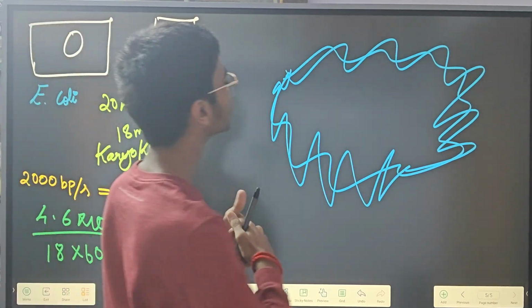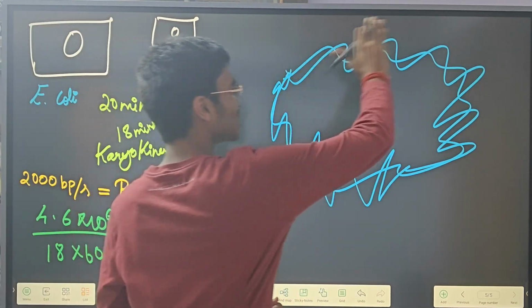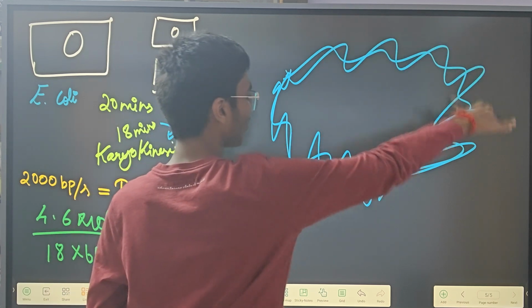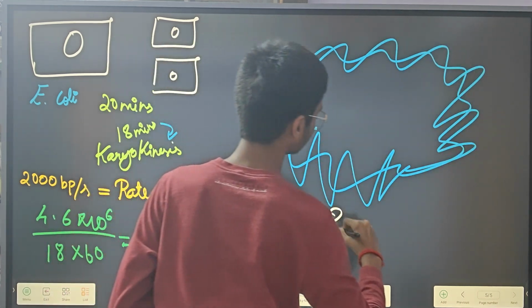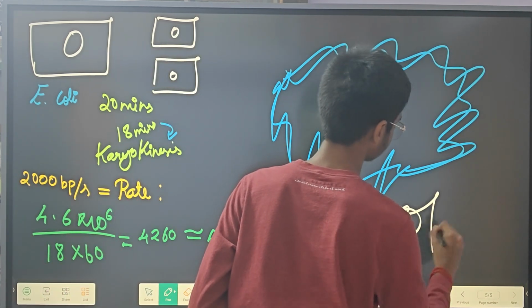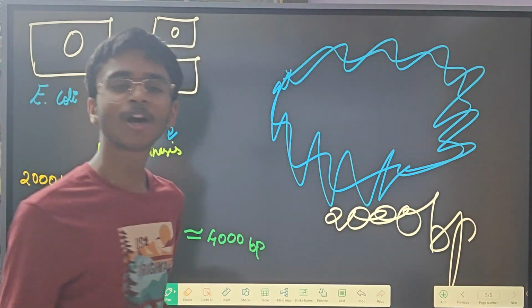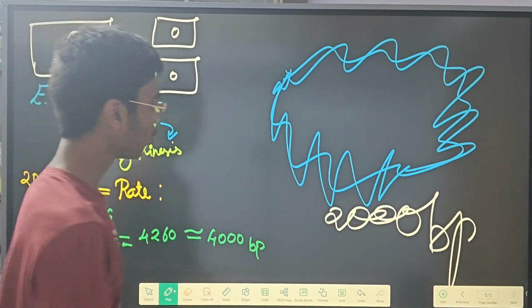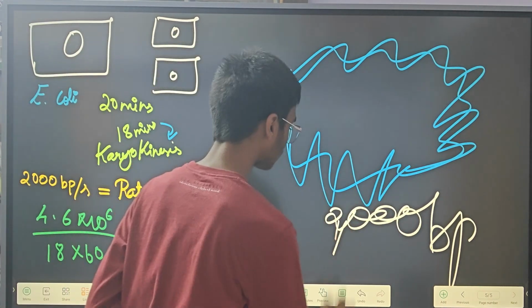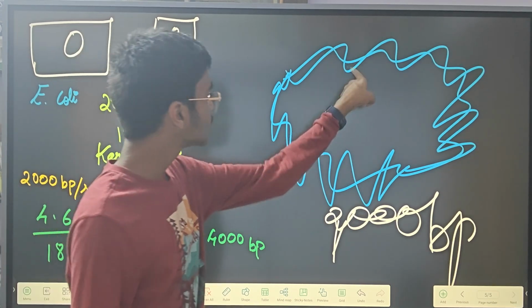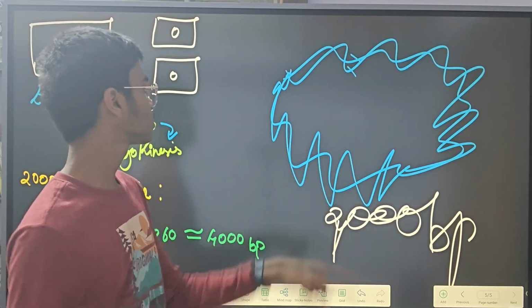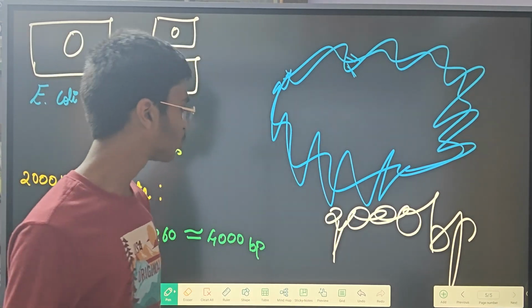Okay, see, in this one, if you're taking it totally, there will be 4000 base pairs, including this one and this one. So this one and this one, there will be totally 4000.